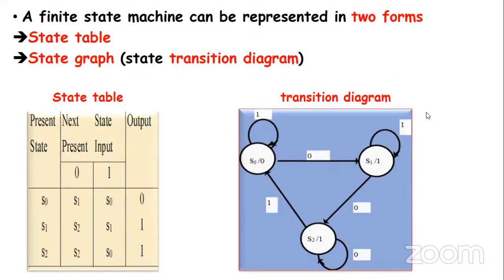Now, we said that the state machine can be represented in two forms. The first one is the state table, and the other one is the state graph, or the state transition diagram. We have been able to look at one of them, so we're going to look at how to go about drawing some of this.